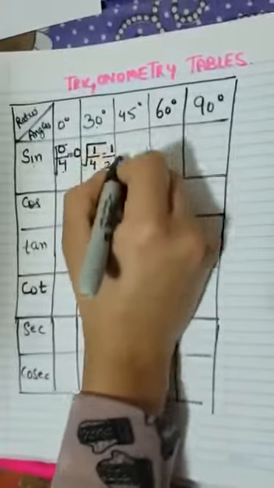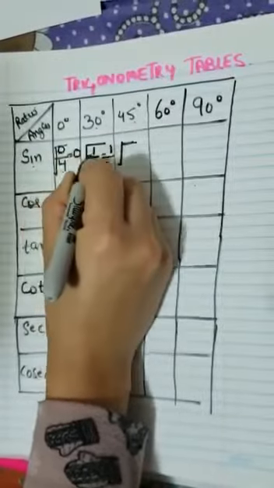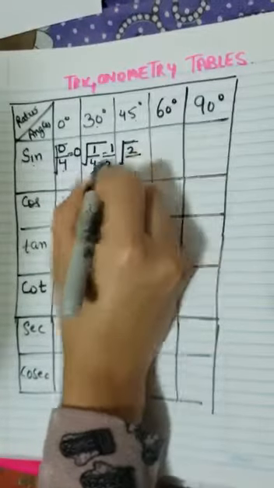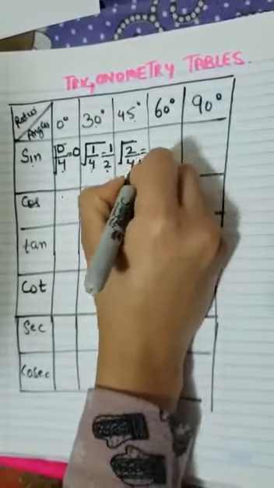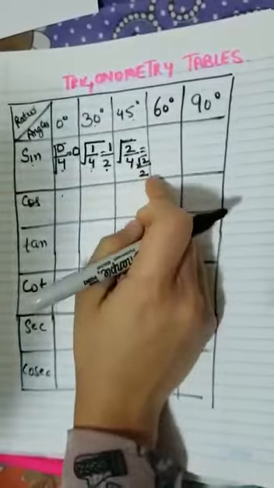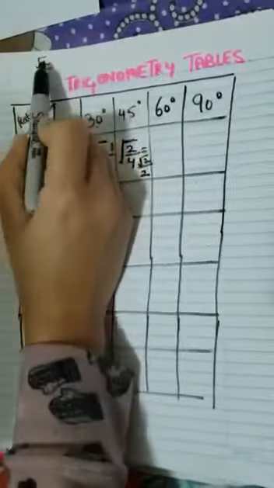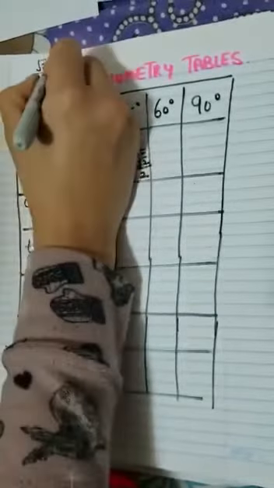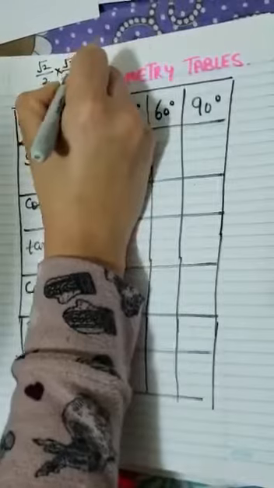The next one is 45. We take 0, 1, 2, with the same number 4. So it is under root 2 divided by 2. To simplify under root 2 divided by 2, multiply numerator and denominator by under root 2.